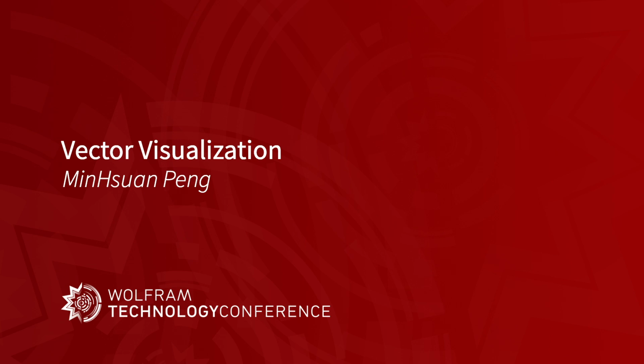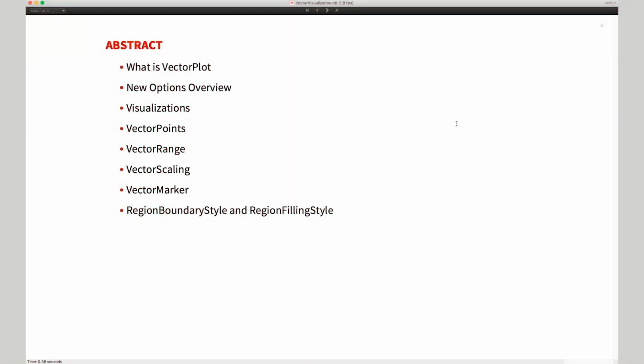Hello, everyone. So I'm going to talk about vector visualization in this talk. First of all, I want to talk briefly about what a vector plot is, just so people can understand the rest of my talk. Vector plot is not something new.